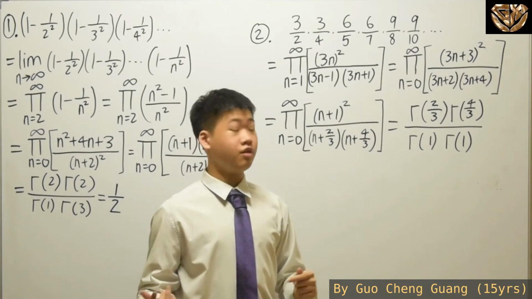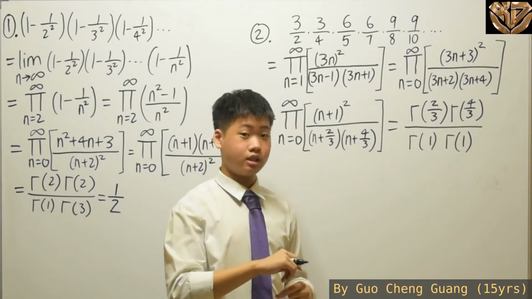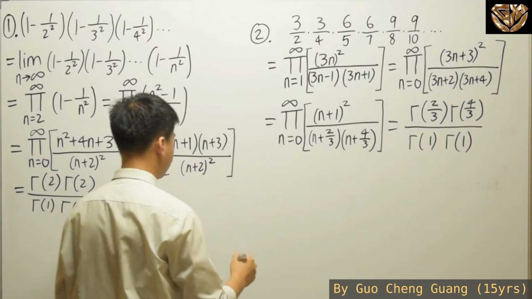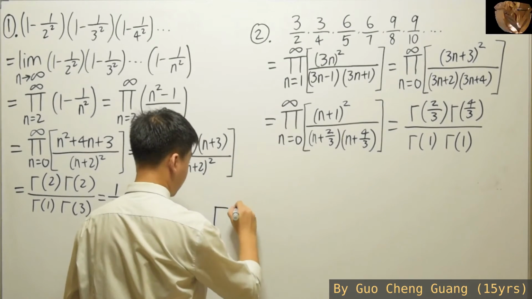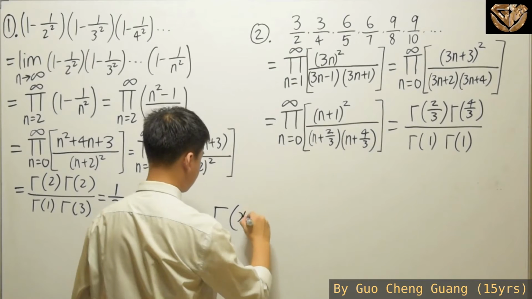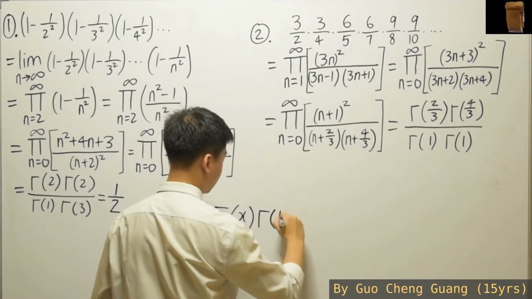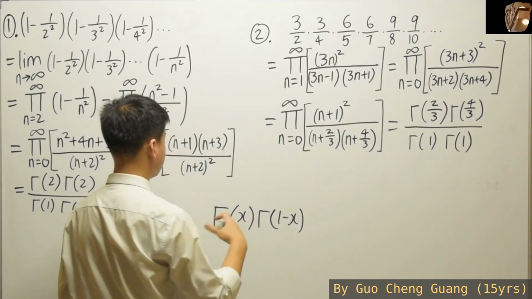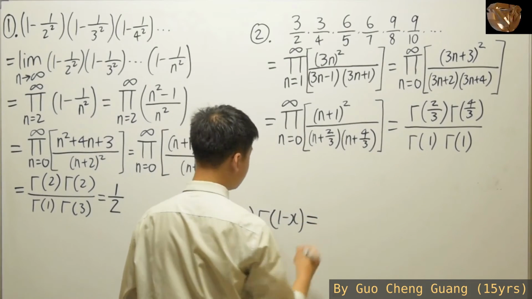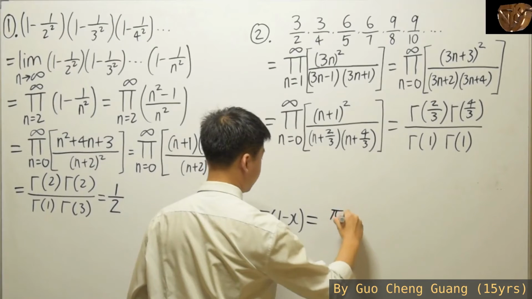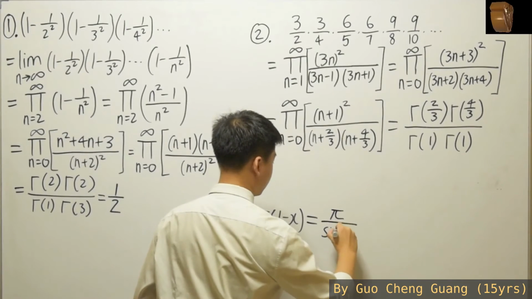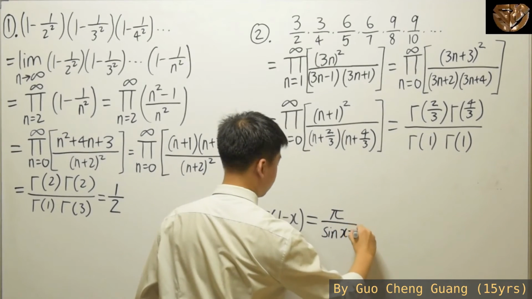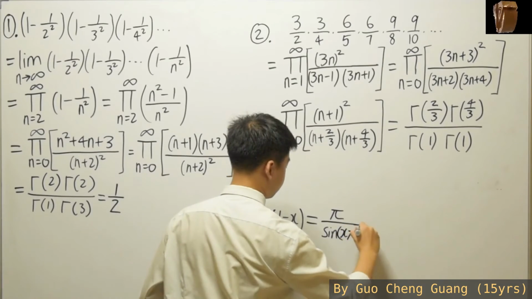Now, if you can recall what we used in the last lesson, well, we had gamma of x and gamma of 1 minus x, where x is bigger than 0 and smaller than 1. So this will give you pi over sine of x pi.